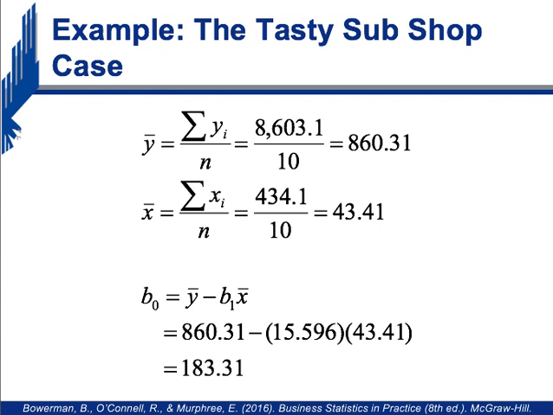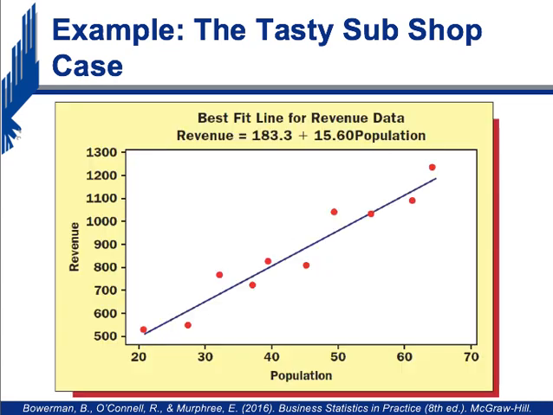Now, in order to compute b sub 0, or the estimate for the y-intercept, we need to get the mean of y and the mean of x first. We have the sum for y and the sum for x. Just divide that by the total number of measurements and we will get their respective averages. Then plugging these values into the formula, we get an estimate for the y-intercept of 183.31.